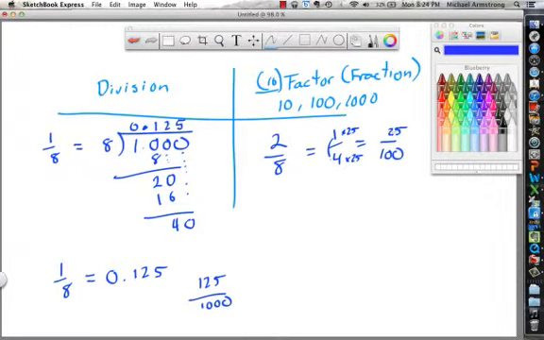So 1/4 is the same as 25 100ths. So 2/8 is actually the same as 25 100ths, and that can be simply written as 0.25. 0.25 is equal to 1/4, or 2/8. And once you get 25 hundredths, I just know I need the tenths and the hundredths place, and that 25 just flops right into it.